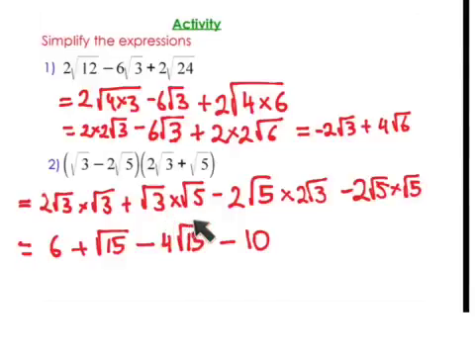Root 3 times root 5 gives us the root 15. And for the third term, make sure you go 2 times 2 first to get the 4. And then the last term, the root 5 times root 5, well, that gives you whole number 5 times 2, and that gives you 10. Fantastic. That simplifies nicely.